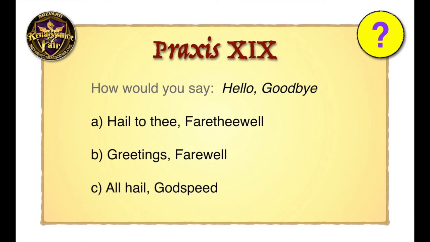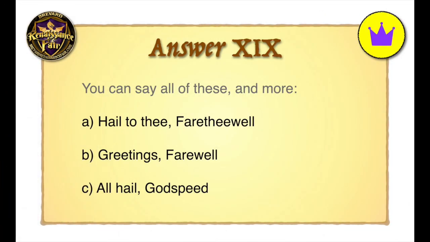How would you say hello, goodbye? A. Hail to thee, fare thee well. B. Greetings, farewell. C. All hail, Godspeed. And the answer is that all three of these are correct.